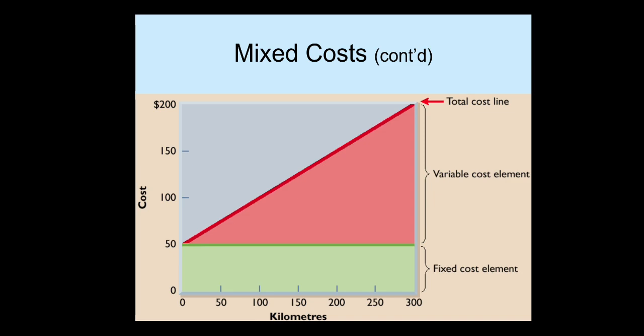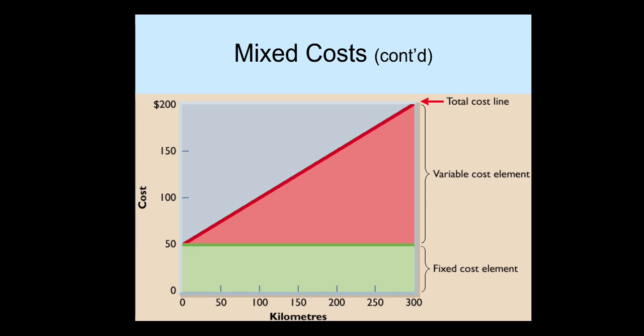In this example, the fixed component is $50. So for this business, maybe every month the business has to pay a fixed cost of $50. And the next thing is, maybe for every 1 kilometer, the business has to pay $1 cost for this item.